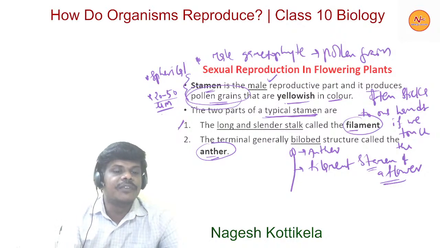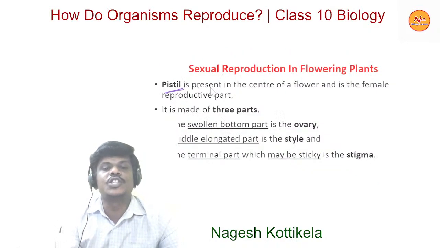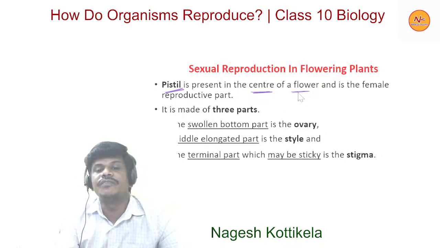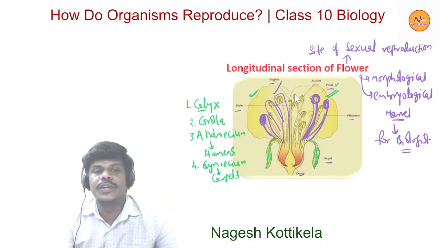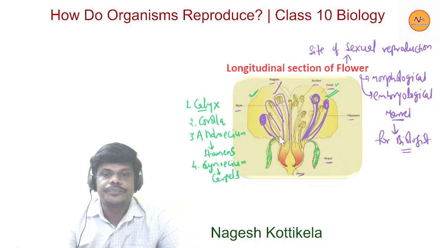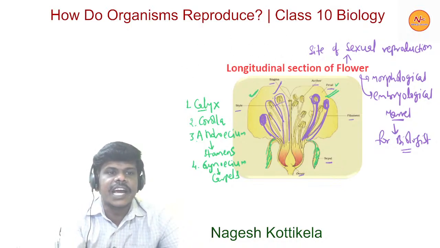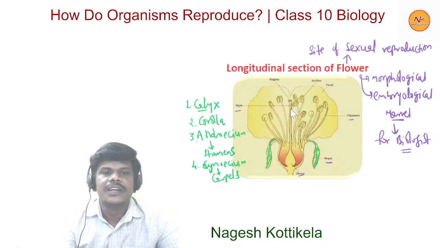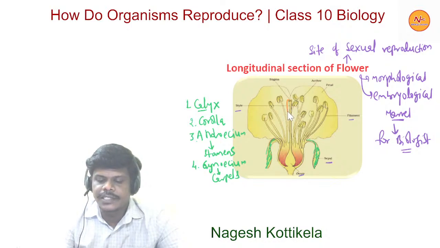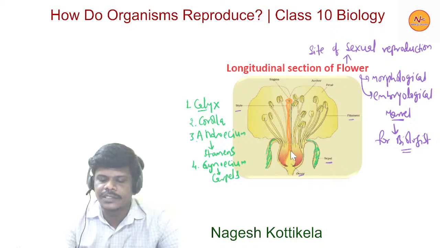Now moving to the next, the pistil. This is the female reproductive part. The pistil represents the center of a flower. In this flower you can see this central part. If I highlight only the central part, you can see here this swollen part, this is the style, and this part is the ovary.